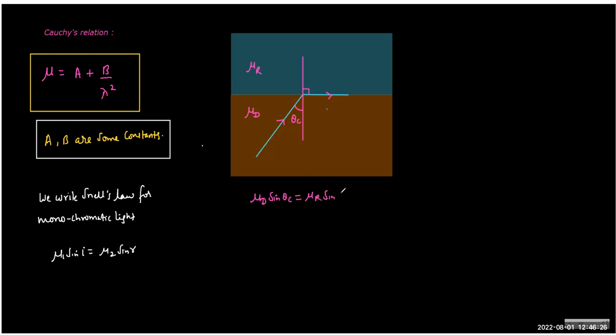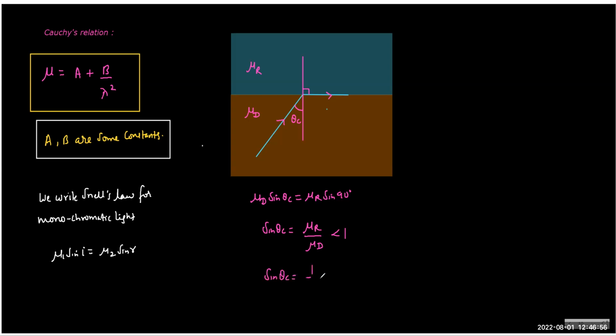And what is the angle of refraction? 90 degrees, correct? And here sin of critical angle turns out to be mu rarer upon mu denser, and that is logical because sin theta must be less than 1. So the denominator must be the bigger value, and that's why even if you forgot the relation, think like this.